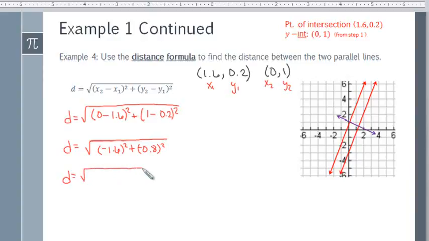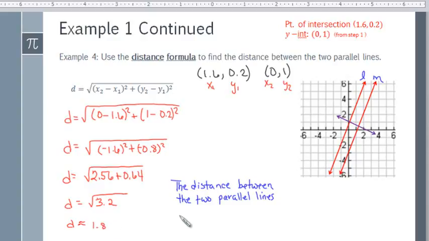Okay, when I simplify all of this under the radical, I get 2.56 plus 0.64, which is the square root of 3.2, and that's approximately 1.8. So the distance between the two parallel lines, L and M, is about 1.8 units.